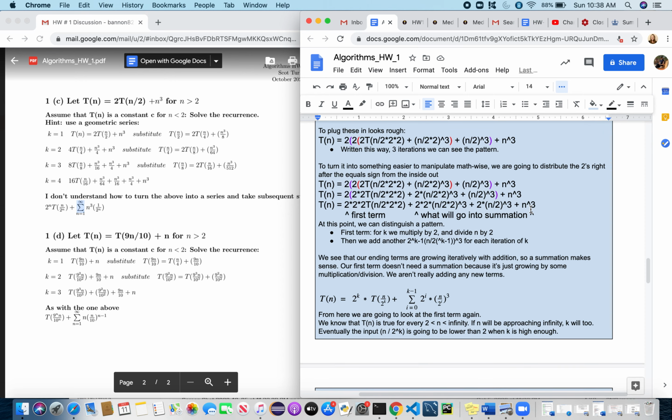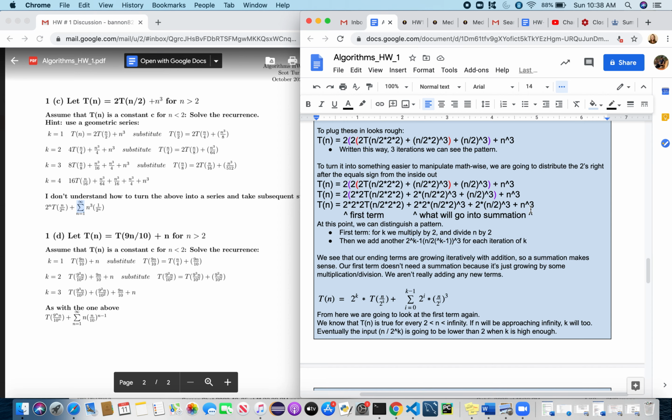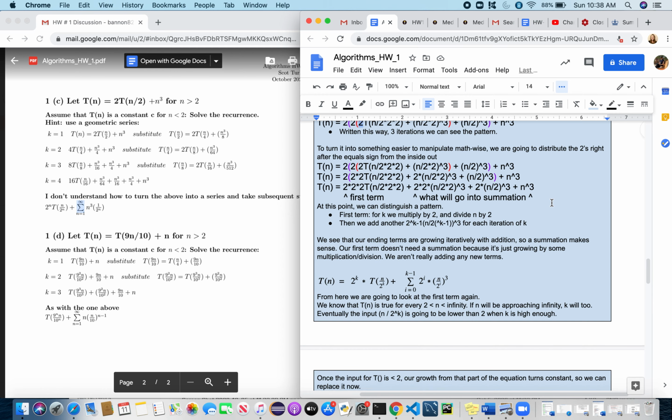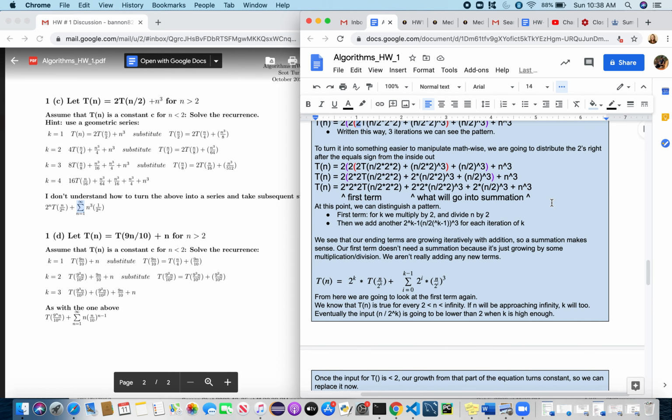So what I did was distribute out these 2's first. So going from the center out, distributing out the 2's, we can get rid of some of these nested formulas and just wind up with an equation without a bunch of parentheses.